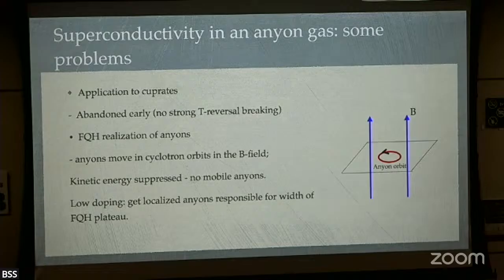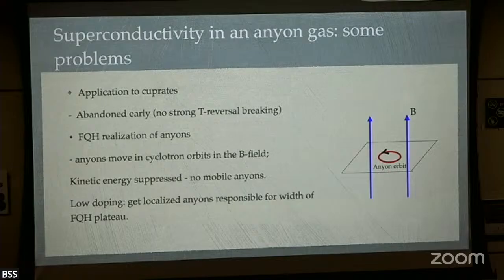Cuprates start off as antiferromagnetic Mott insulators, not as chiral spin liquids or whatever. But in the FQAH realization of anyons, the anyons move in cyclotron orbits, which means that their kinetic energy is strongly suppressed. So when you move away from, say, 2/3 or 1/3, the anyons get localized, you just get a fractional quantum Hall plateau. And then if you increase the density more, you go to the next plateau. There's a plateau transition, and that's it. The anyons are not very mobile.